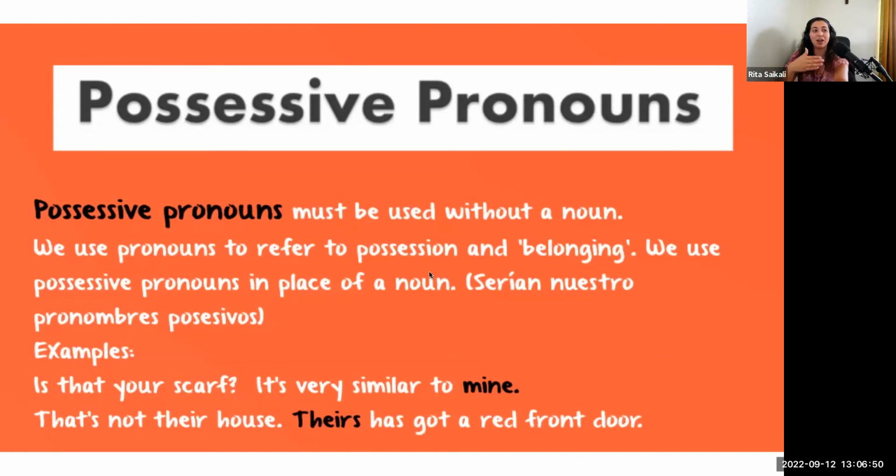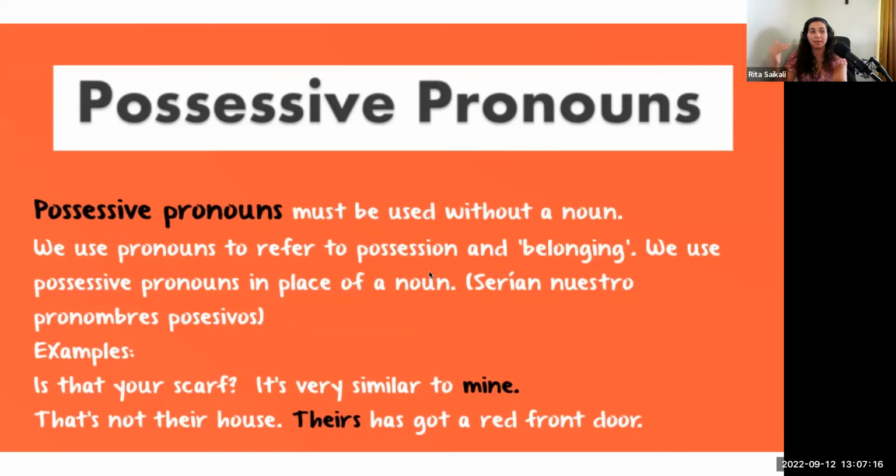Okay. Is that your scarf? It's very similar to mine. In other words, it is very similar to my scarf. Okay. But instead of using scarf or my scarf, so scarf with an adjective, then we replace both with a possessive pronoun.